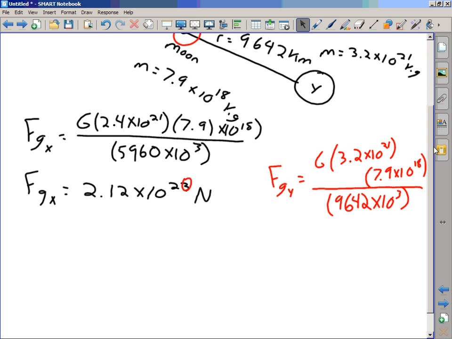Are you sure? Because I thought 23. It is 23? If you divide by 5960 times 10 to the third, you have to convert it to meters because you have kilometers. I did exactly what you did. You got times 10 to the third in there? All right, let's go with popular vote. I got 23 for the second. How many of you get 23? Raise your hand. 1, 2.